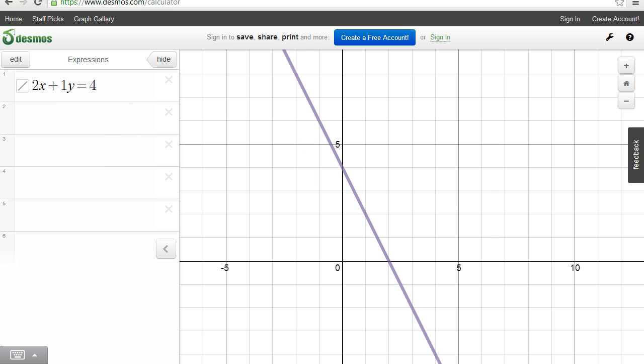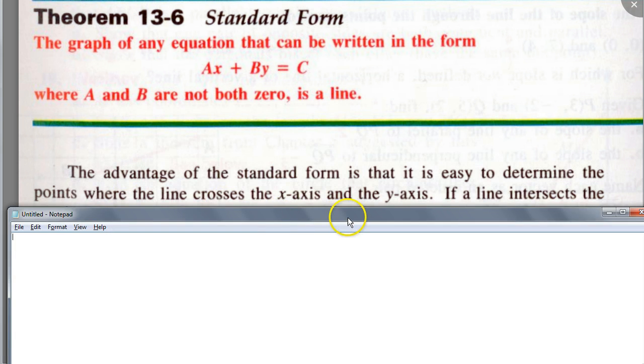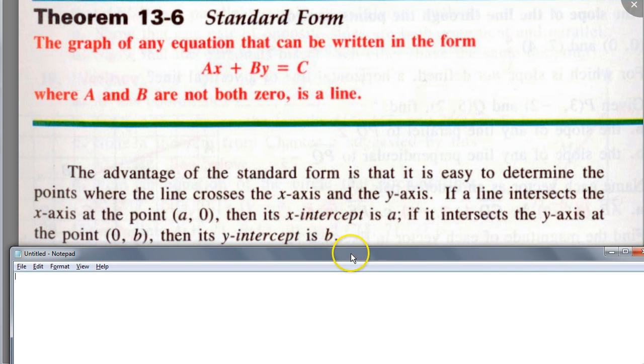So when you have the standard form, it's easy to figure out your x-intercept and the y-intercept. Let me summarize this for you, and they do that for us. Look at what it says here. If a line intersects the x-axis at the point a comma 0, then the x-intercept is a.